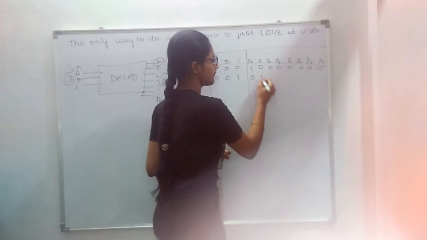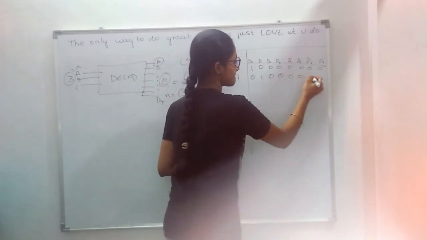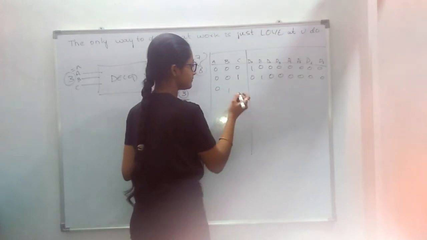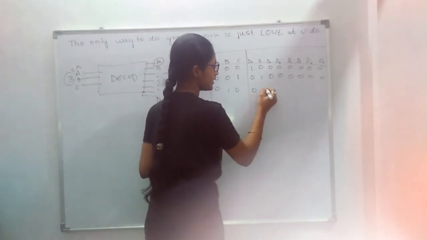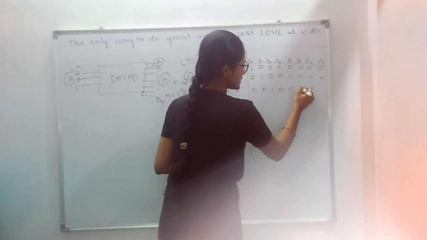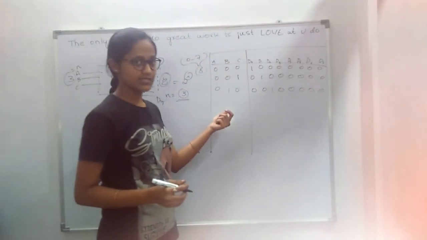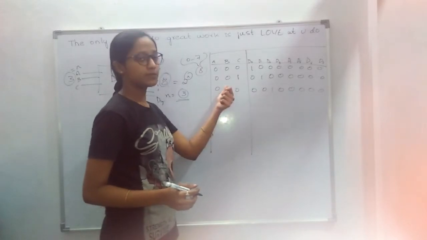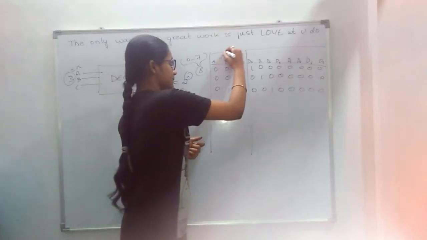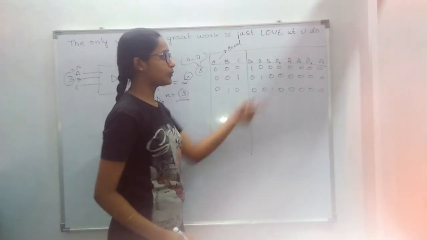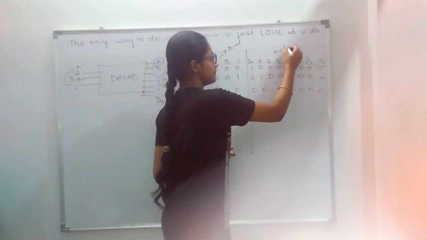D1 will be high. And so on for 2. This is the truth table that indicates the relation between the inputs and outputs, where inputs are in binary and outputs are in octal.